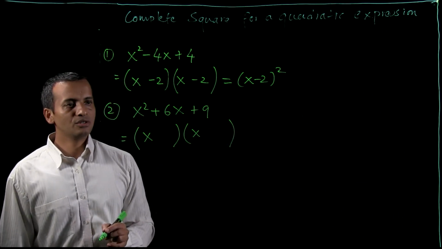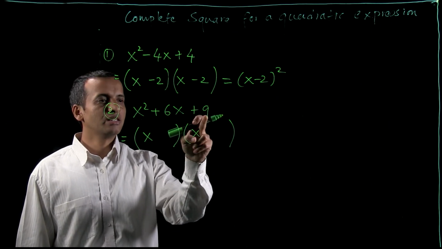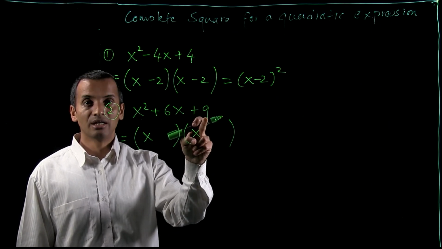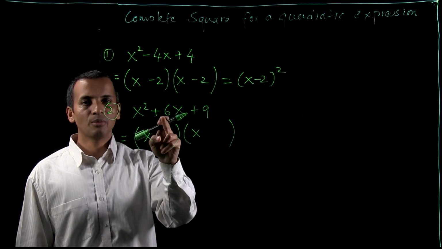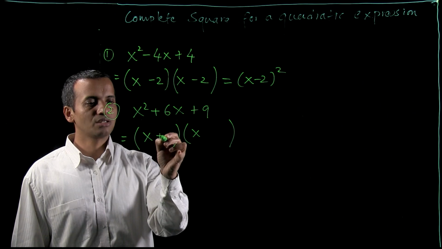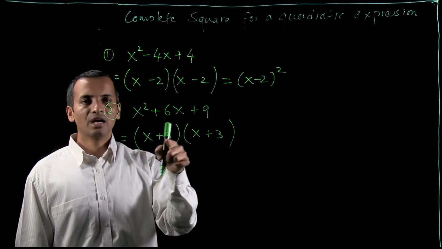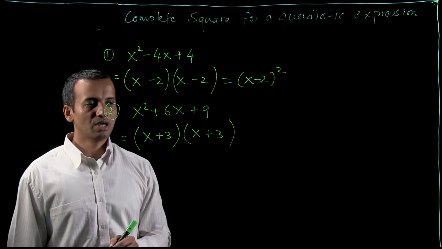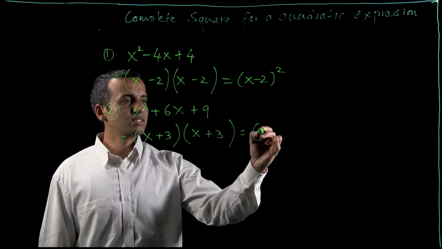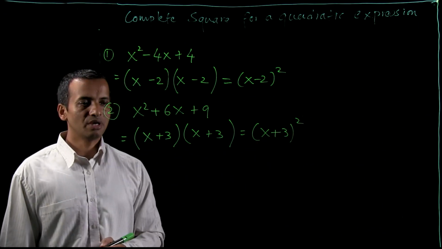Again, you need two numbers whose sum is positive 6 and whose product is positive 9. That should be plus 3 and plus 3. So this can be written as (x plus 3) squared.